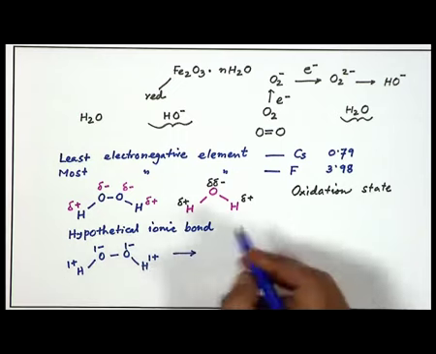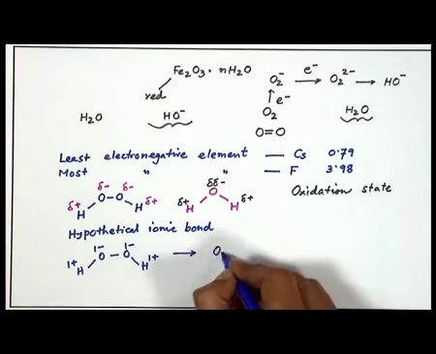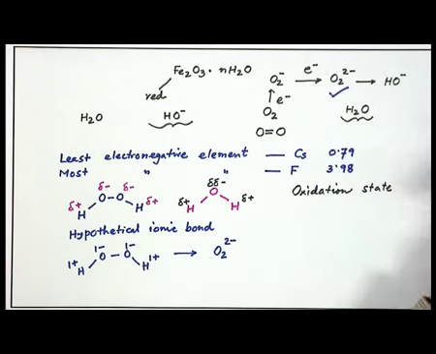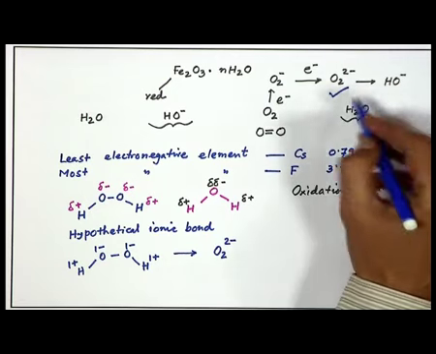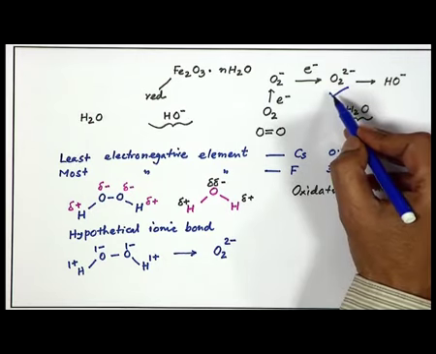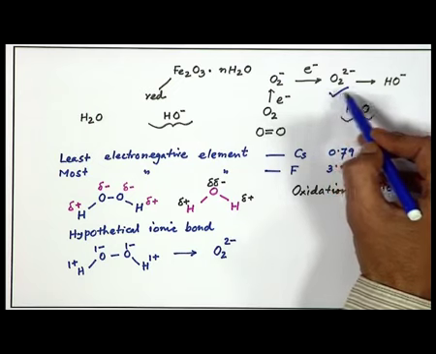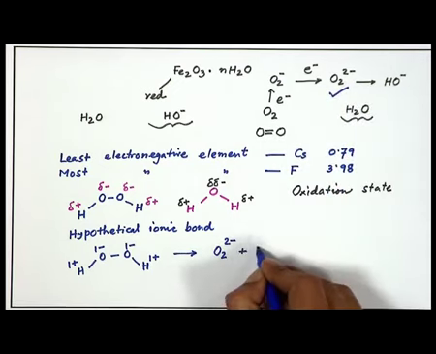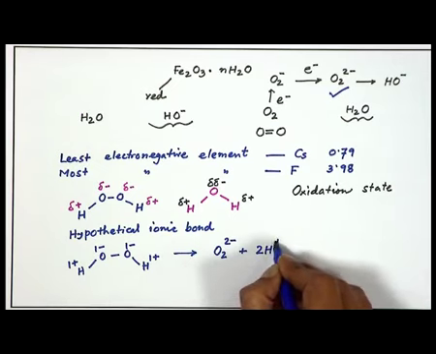We get the corresponding ion, that means O2 2 minus, which we already saw here, due to the electron transfer. So, complete electron transfer will also give us this particular species, which is O2 2 minus with 2 H plus.